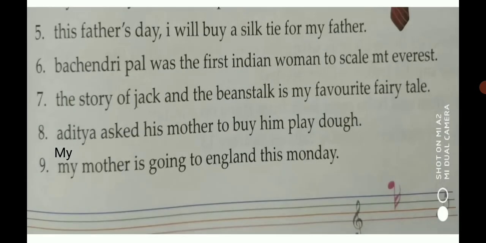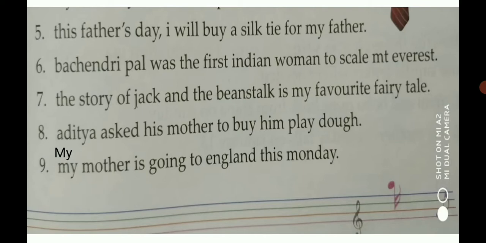Next sentence: This Father's Day, I will buy a silk tie for my father. Here, how many changes are there in the sentence? Three. Which are they? T of This, F of Father's, D of Day, and I. These are the four changes.